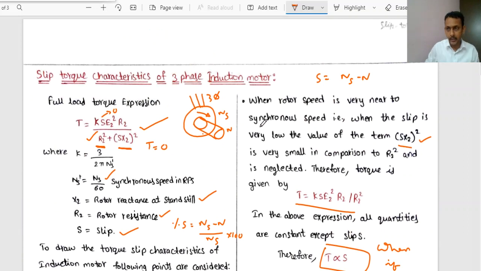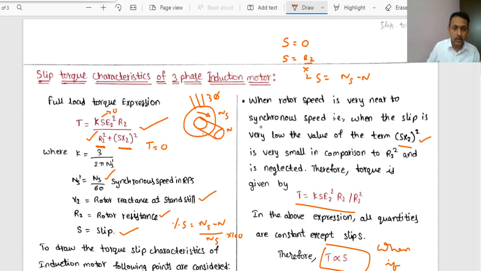In this entire derivation, from your previous basics, we start with the torque equation: torque equals K s E2 square R2 by R2 square plus (sX2) whole square. The first point is, if slip s becomes 0, which is possible when the rotor also rotates at synchronous speed, torque becomes 0. Another case is if slip becomes equal to R2 by X2.